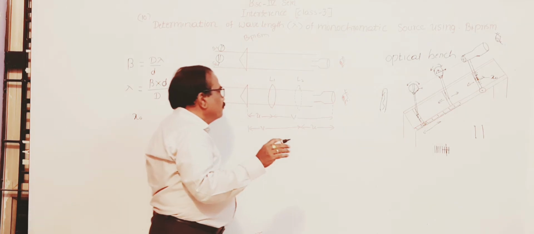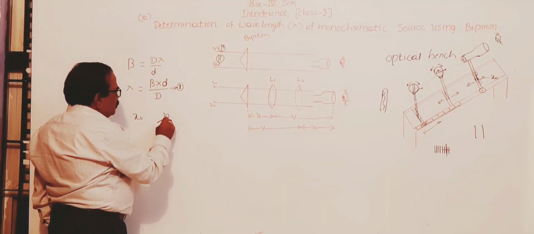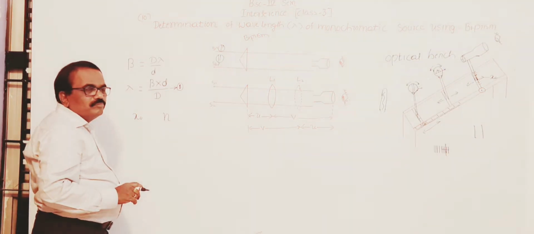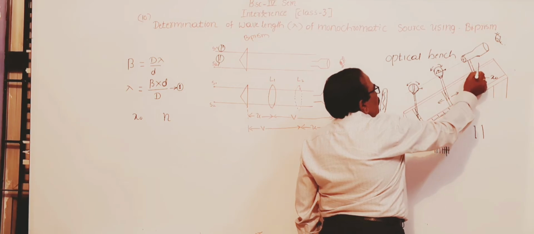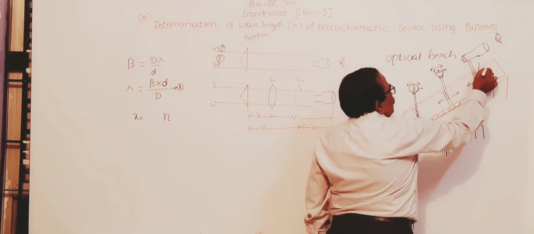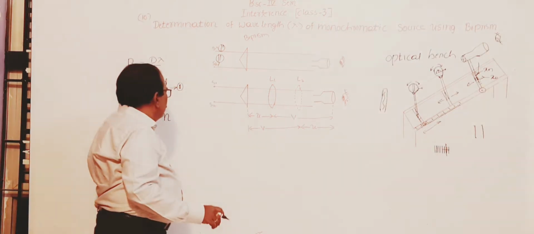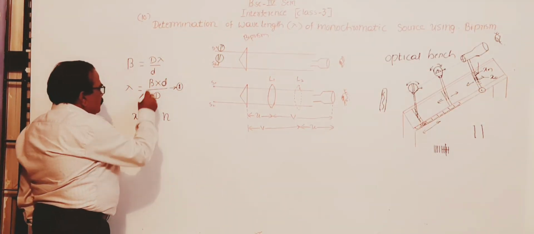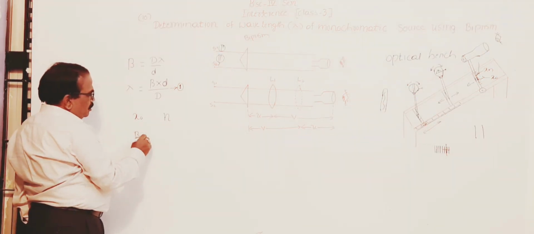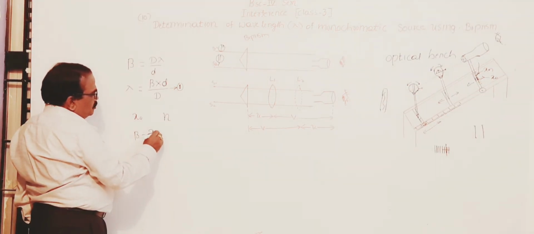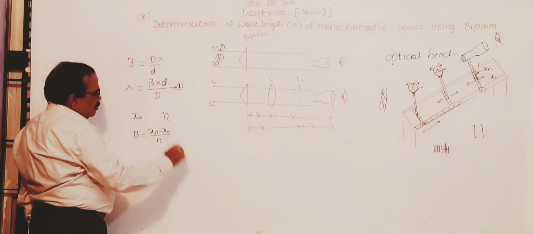Like this, you go on moving up to the nth bright band. Note down this as xn. Now your fringe width beta is xn minus x0 divided by n.